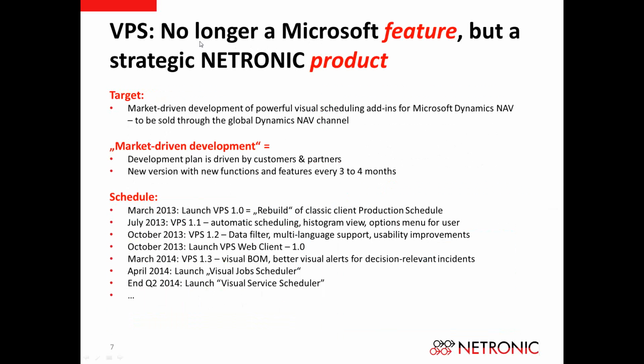But now the Visual Production Scheduler, which we call VPS, is no longer just a feature that had been developed by Microsoft, but it is a strategic product for a new company, because for us it really marked the entrance into a second market.